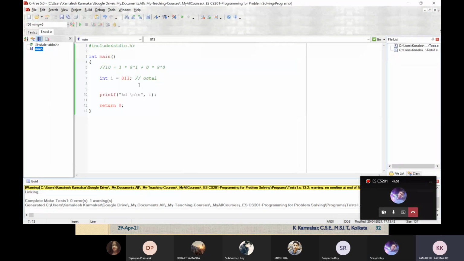Okay. Now if I write 0x13, it means 1 multiplied by 16 to the power 1, plus 3 into 16 to the power 0.